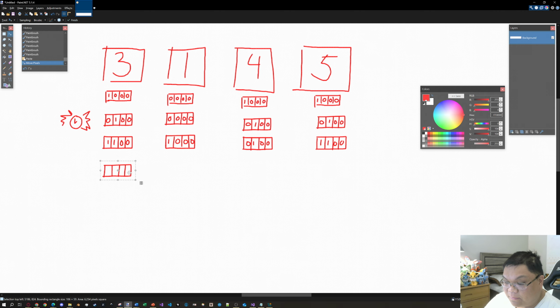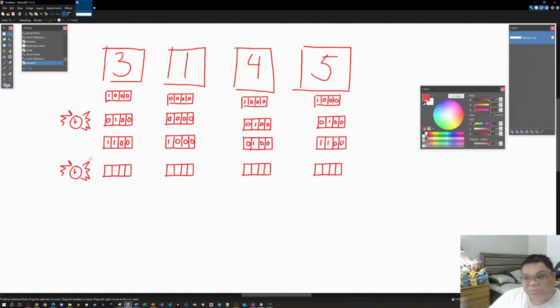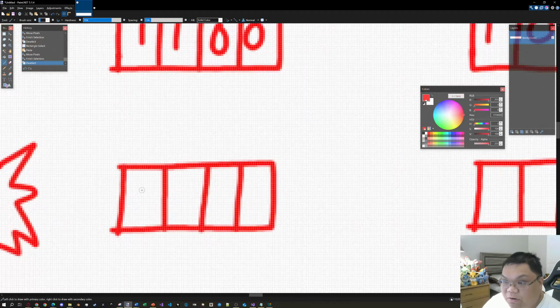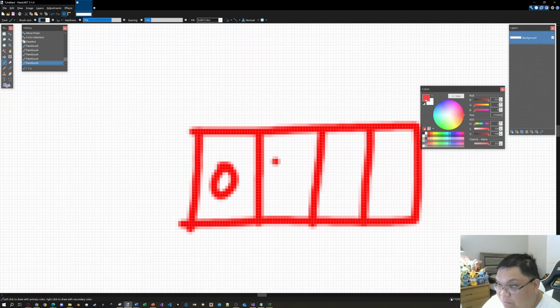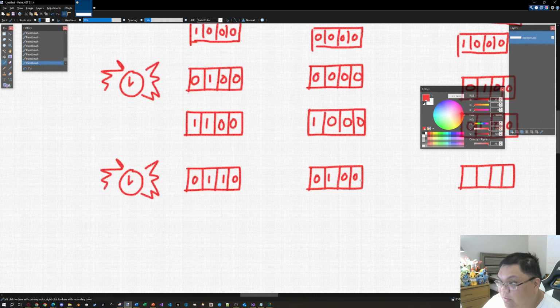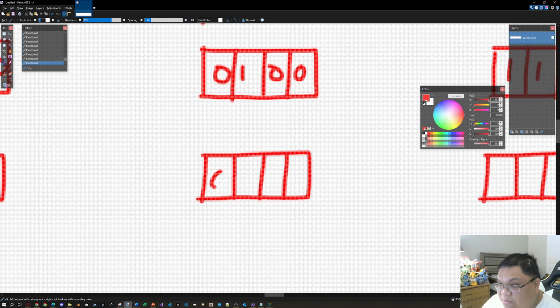So I'll just put these bit sequences at the bottom, and I'll copy the clock. When that clock goes off again, it's going to shift all the bit sequences to the right. So this 1, 1, 0, 0 becomes 0, 1, 1, 0. This 1, 0, 0, 0 becomes 0, 1, 0, 0. And so does this one.